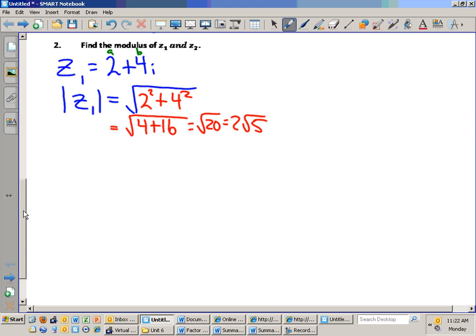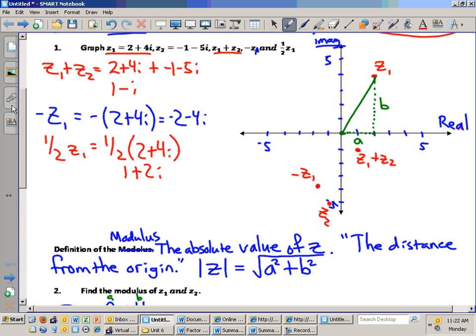The i is gone because the i does not tell us distance. The i tells us that it's towards the imaginary axis, by our label. We define one to be real, we define one to be imaginary.